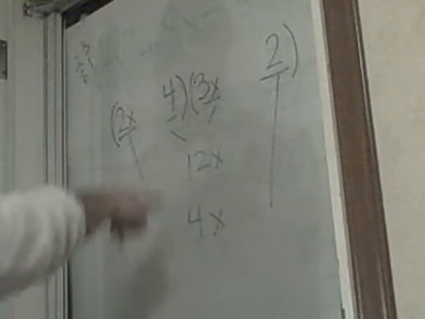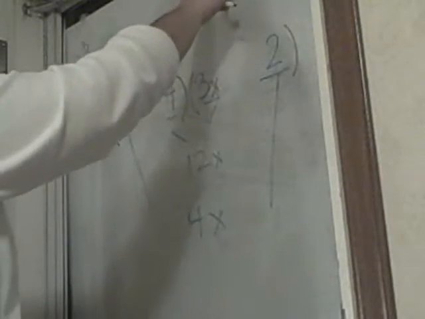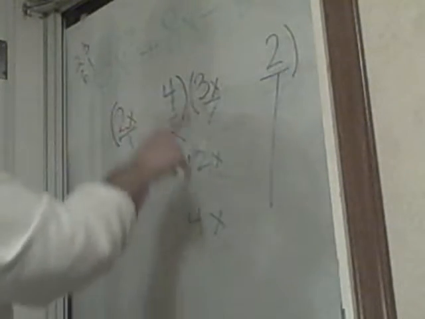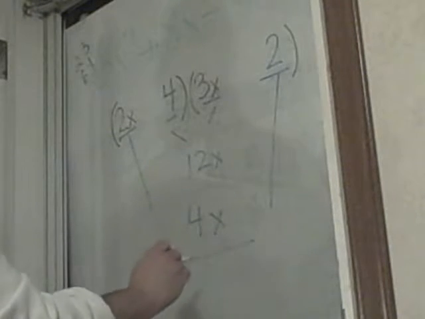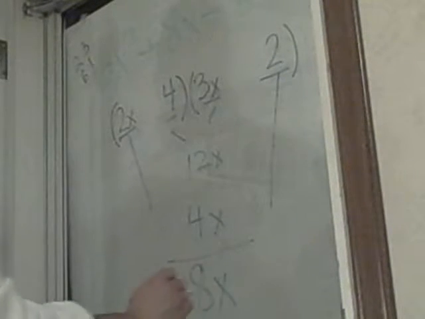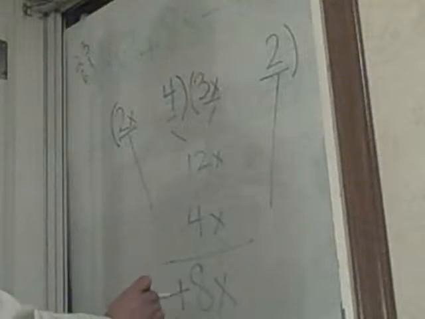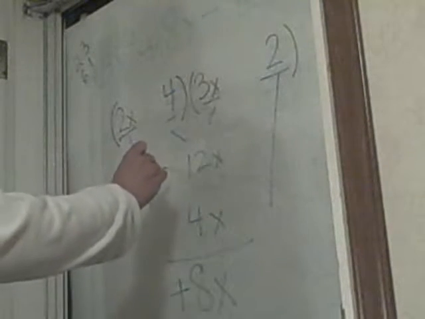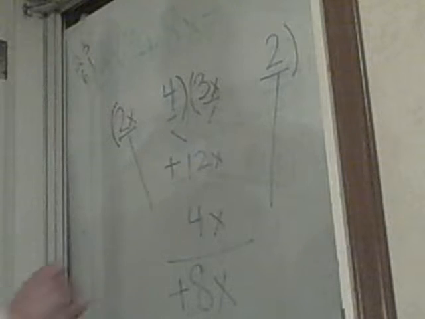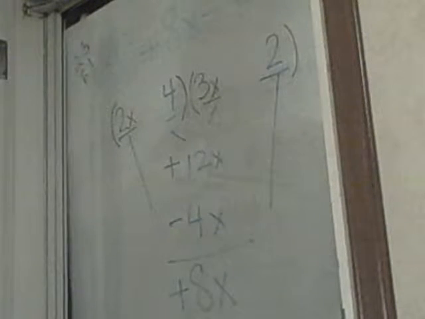Now, instead of adding these two things, they're going to be different signs this time. So I'll be subtracting them to get 8x. I can't believe we did it on the first time. So this is a positive 8x. If this is a positive 8x, that means the 12 has to be positive and the 4 has to be negative.